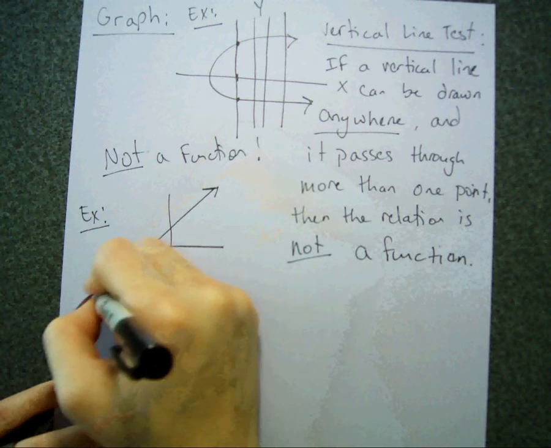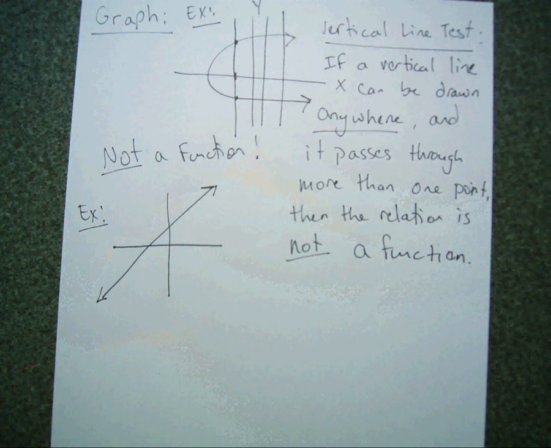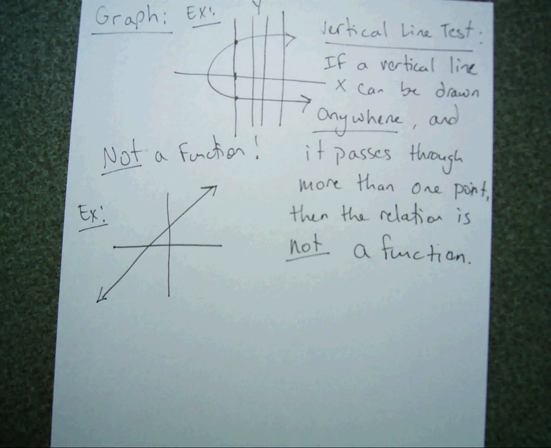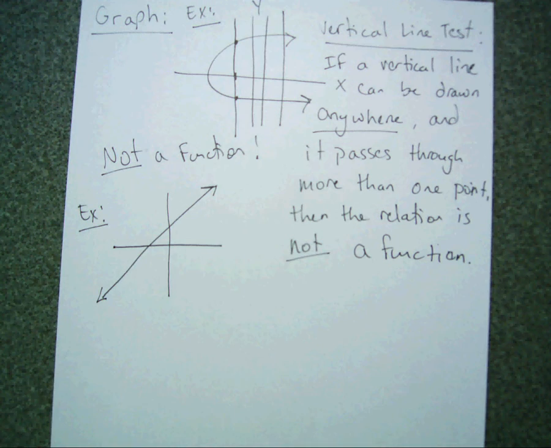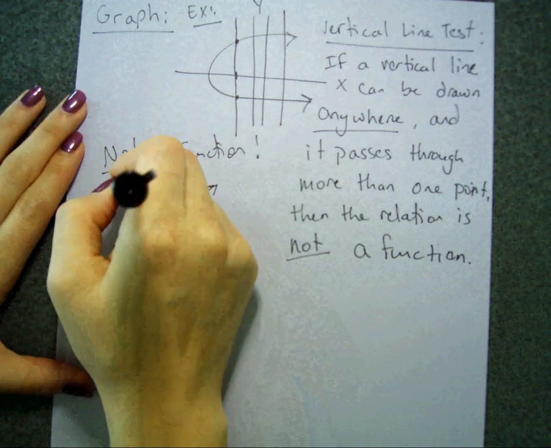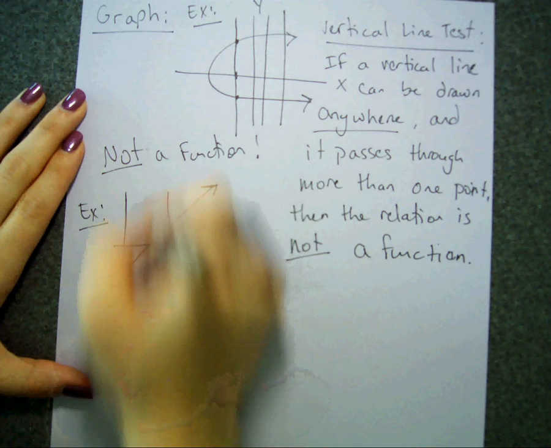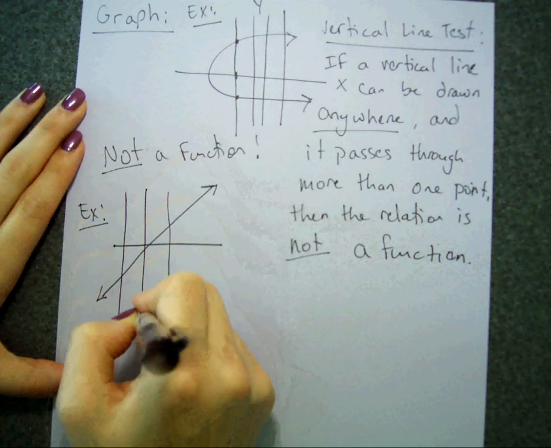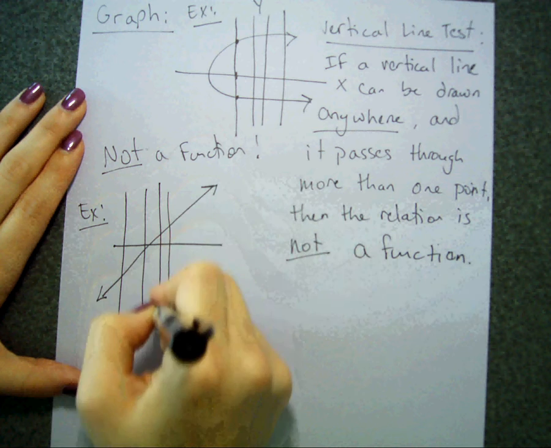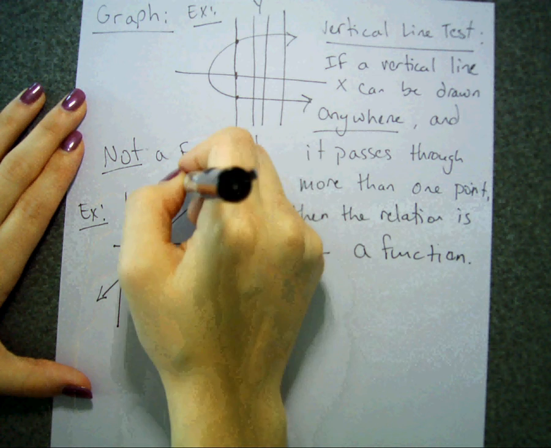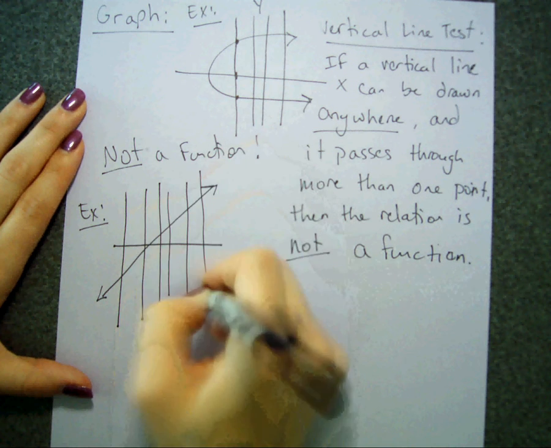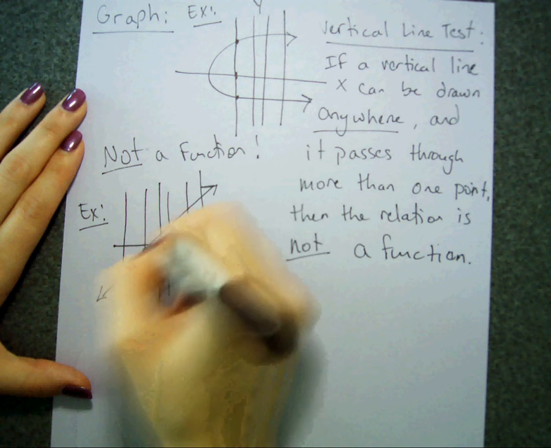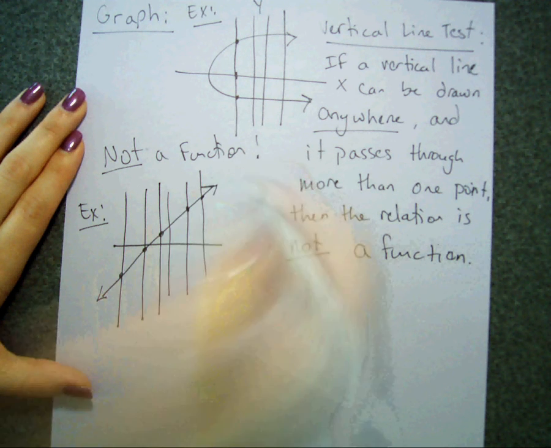But notice, if I draw a vertical line anywhere on this graph, I am only going to pass through my linear function one time, right? Here's one, one, one, one, one. So it is indeed a function. FNCT is the abbreviation for function.